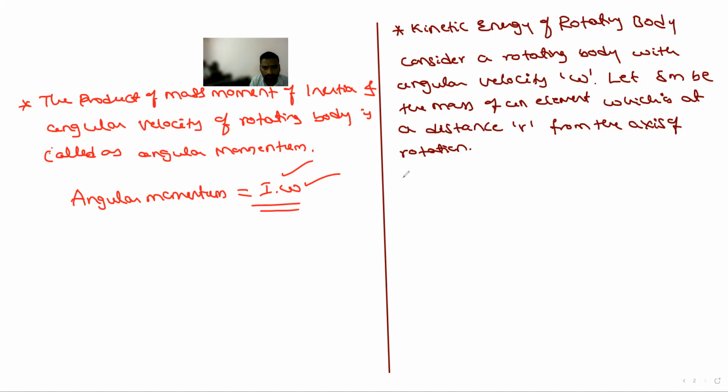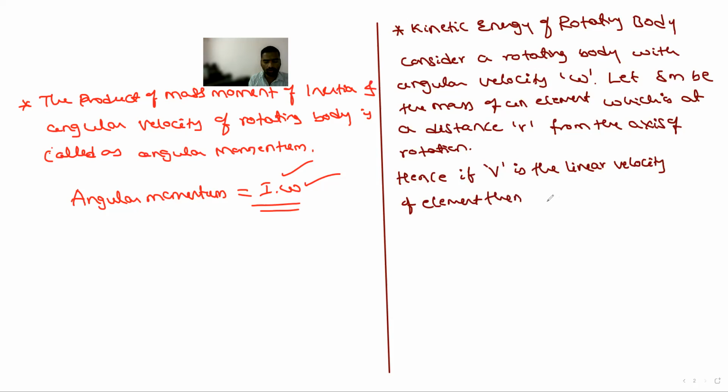Hence, if v is the linear velocity of the element, then what is the relation between the linear velocity and the angular velocity? r omega. Very good. V is equal to r omega.